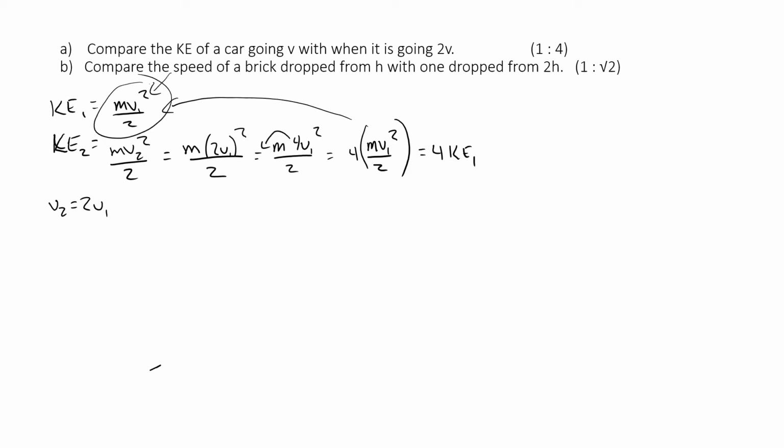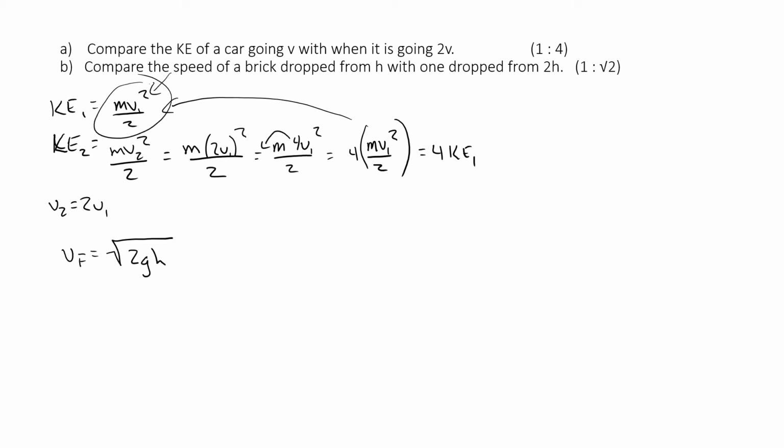So the second one's a little bit tricky. We want to compare the speed of a brick dropped from H with one dropped from 2H. So we know that VF equals the square root of 2GH from free fall equations.